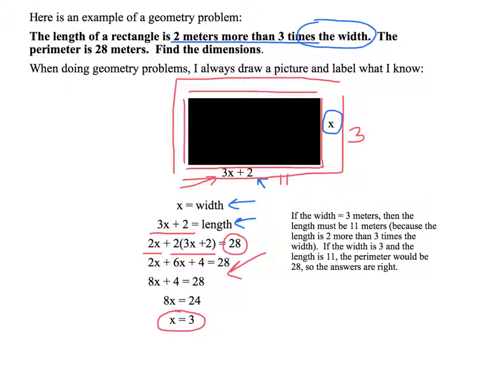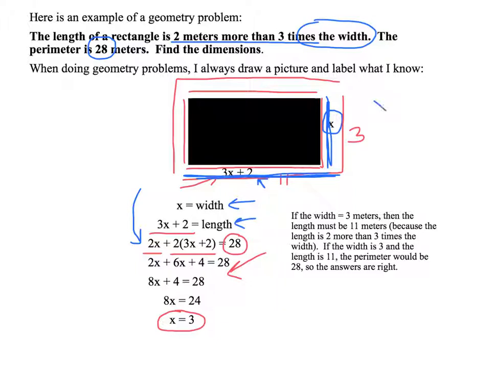I do want to mention here that even though I solved the problem by having this particular equation, there are certainly other equations that you could have. Some people would say that because I know that this particular side is equal to x, and this particular side is equal to 3x plus 2, halfway around the entire rectangle would have to be 14, because the perimeter is equal to 28.